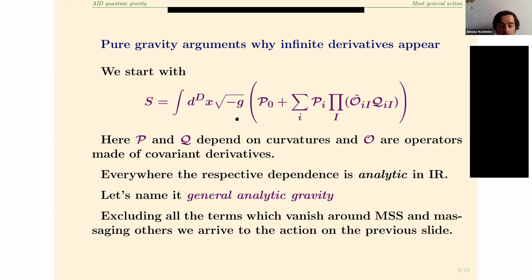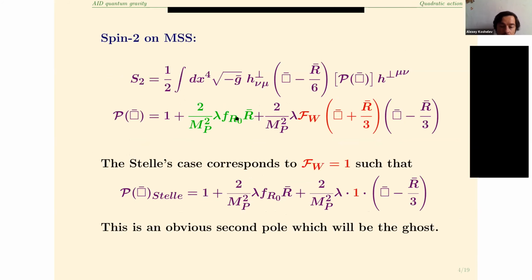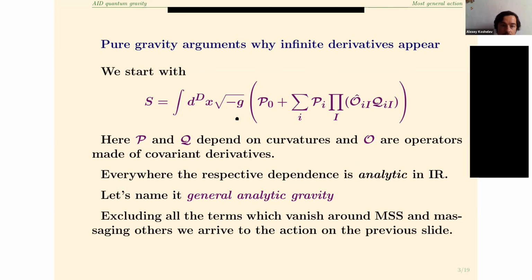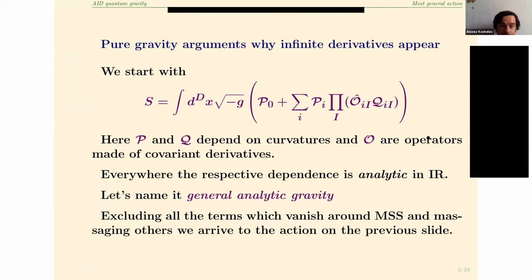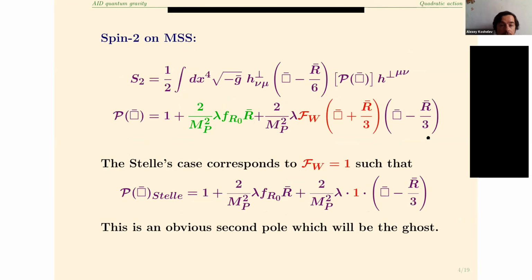Upon some routine algebra, it was possible to show that the action from the previous slide appears as a limit in which linear perturbations around Minkowski or de Sitter can be considered. If we keep Minkowski or de Sitter as our background, then we can even find the second order variation.